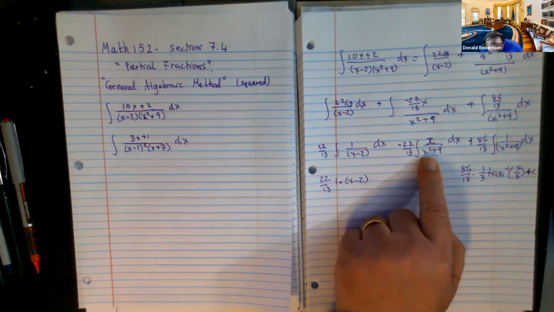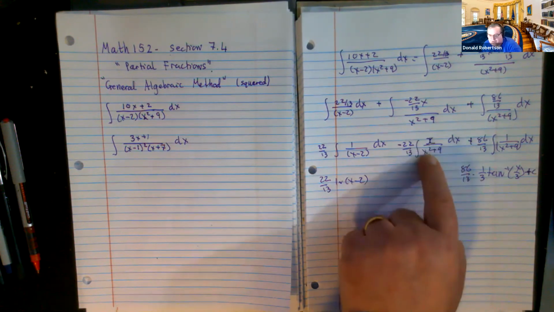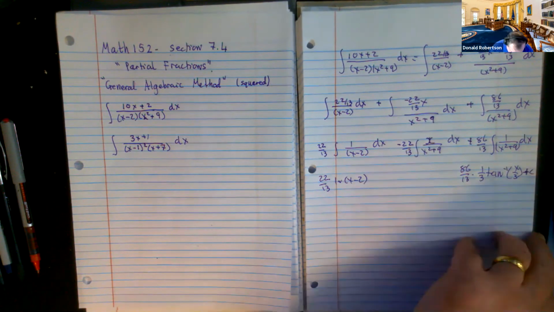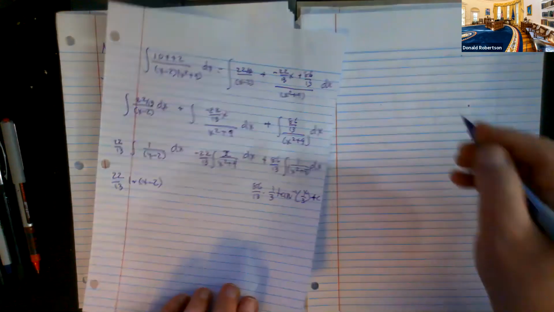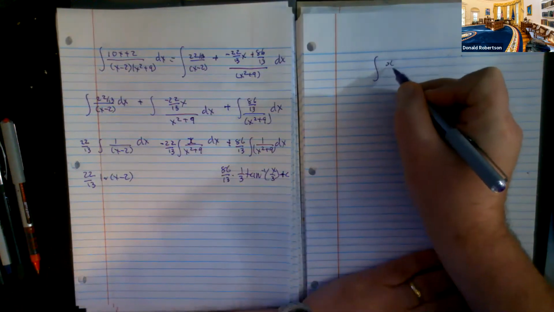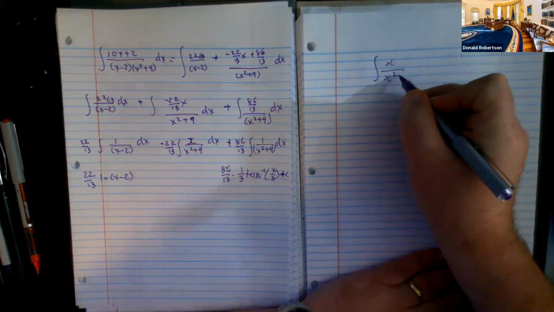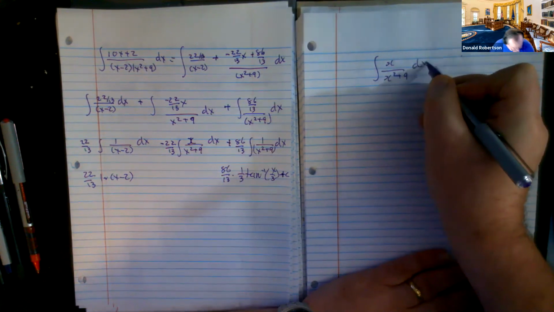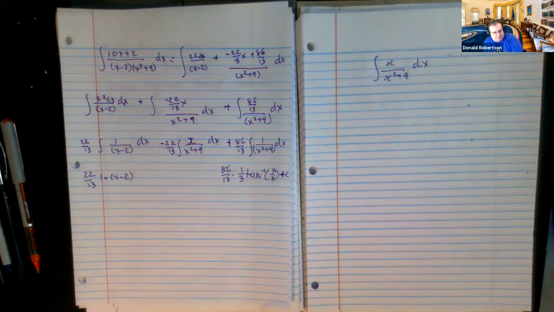Okay, what about this fella? x over x squared plus 9. I need to find the integral of x over x squared plus 9. And this is something you might not have expected, but darn it, you're going to have to live with it. What would I need to do to find that simple integral?